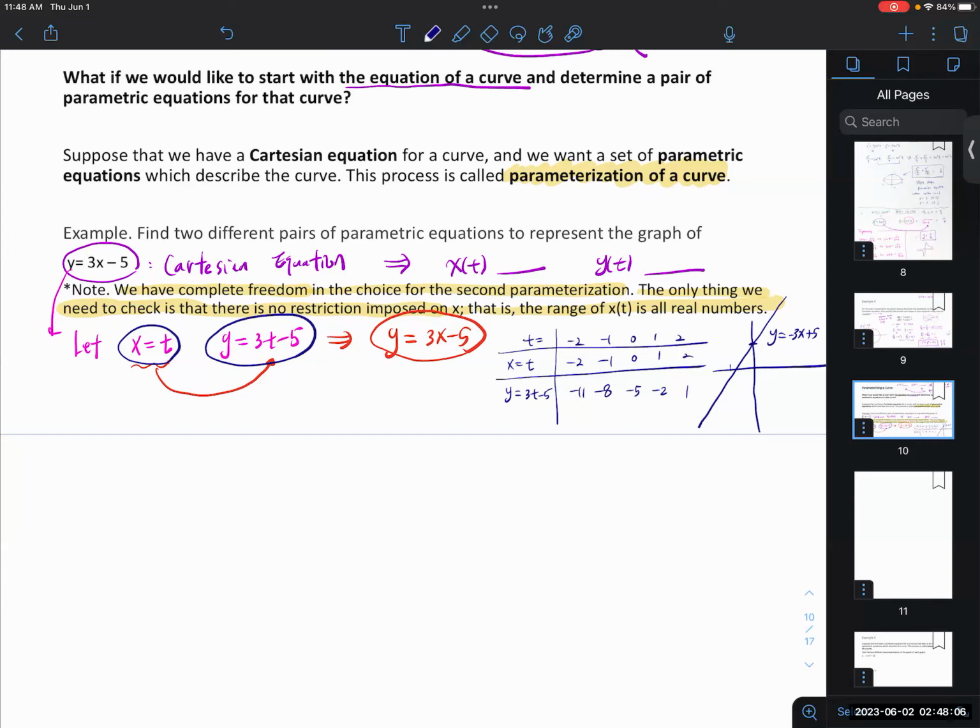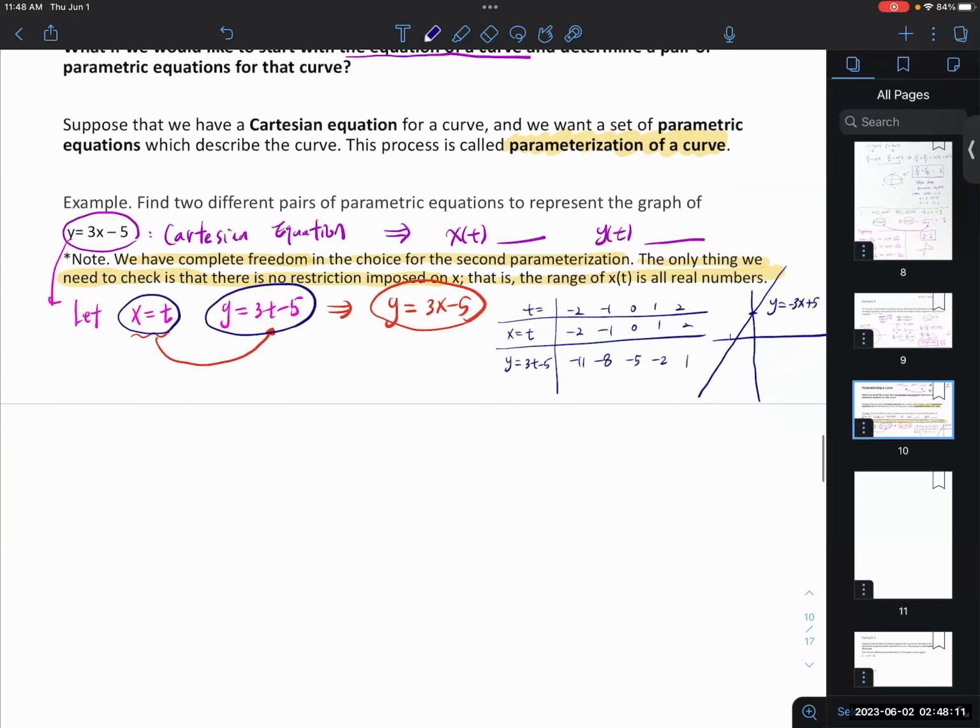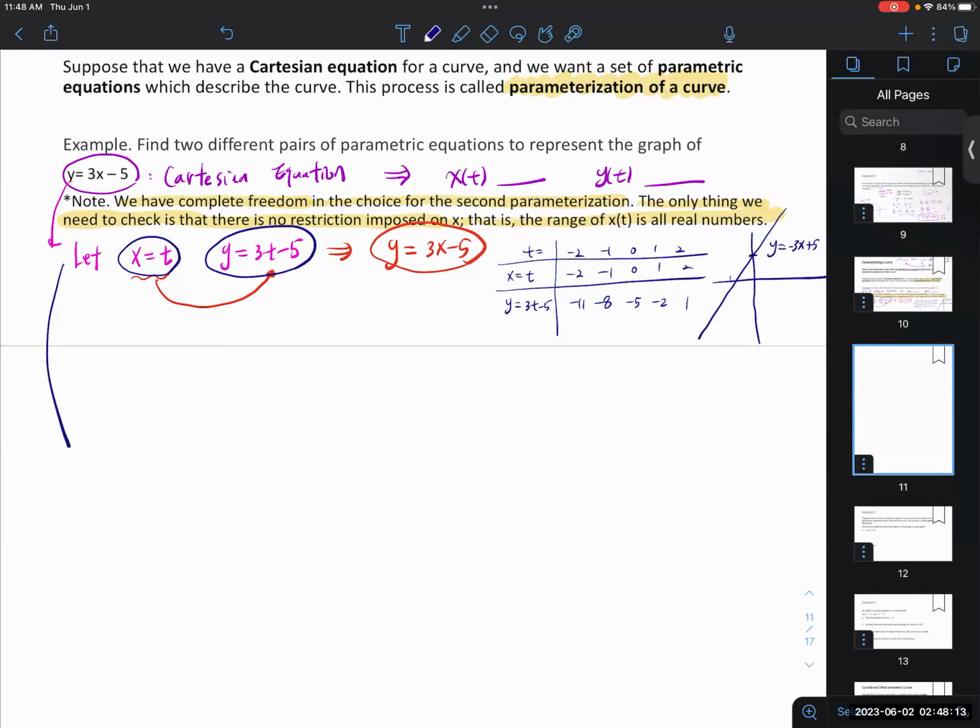What if you want to try another x and y? Yes, you can choose another one. So this time, because we have complete freedom, you can choose another one. What if x equals 2t, right?